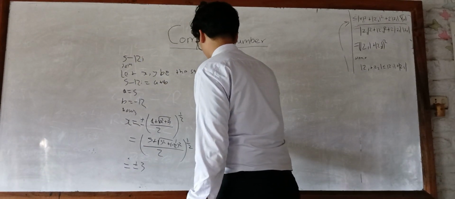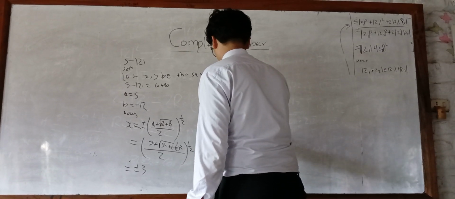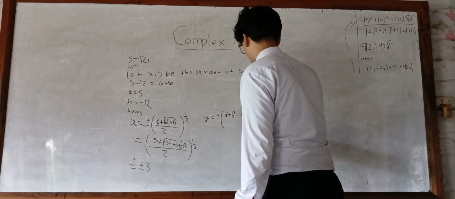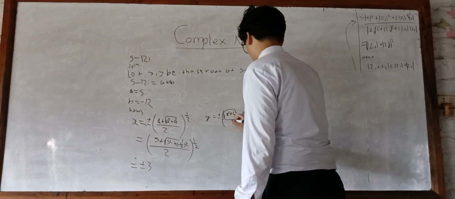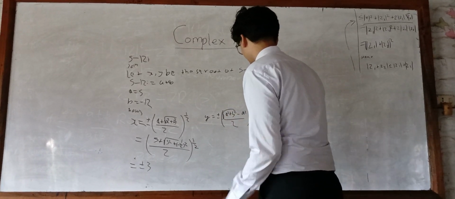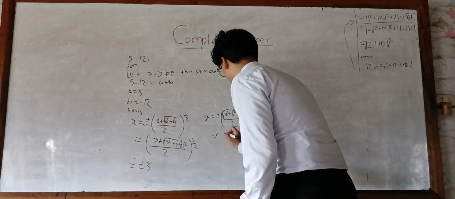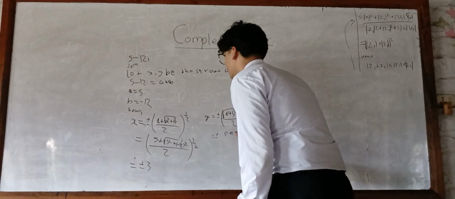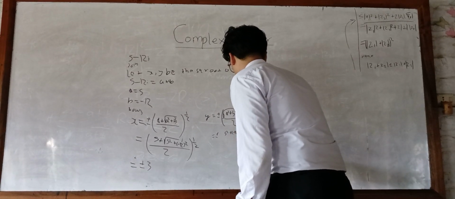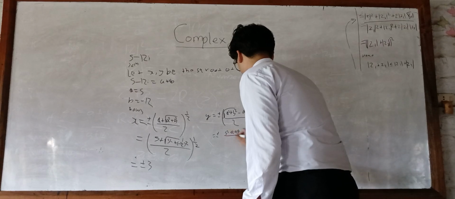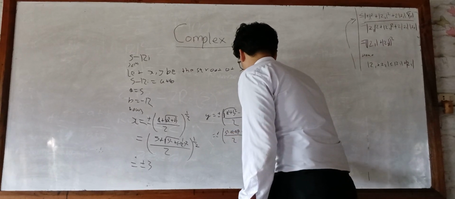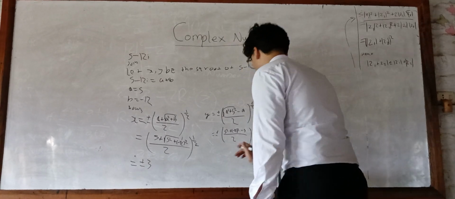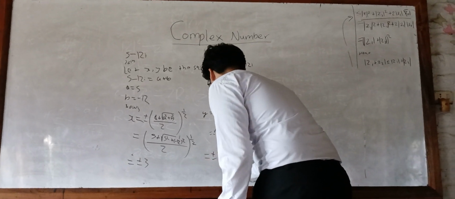For y the formula is plus minus the square root of (root a square plus b square minus a) by 2, which equals plus minus 2.